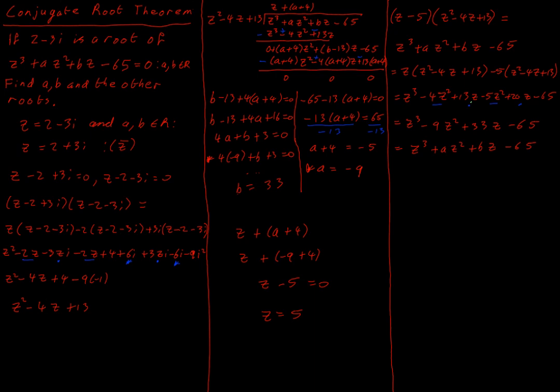This indicates I haven't made a mistake. I have a in front of z squared and a and minus 9 in front of z squared. So a must be equal to minus 9, and b must be the same as the coefficient in front of z, which is 33. So we can see both methods and how they work out to give us our needed solution.